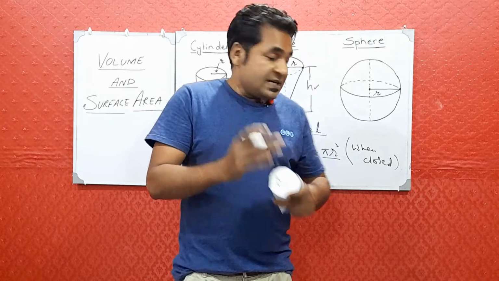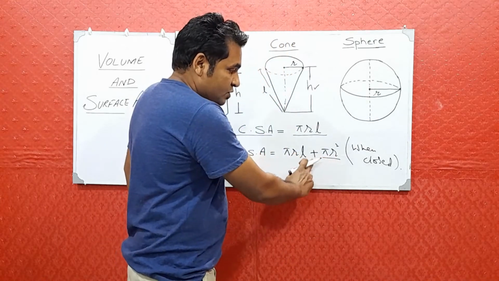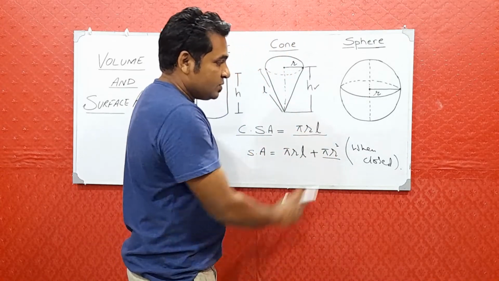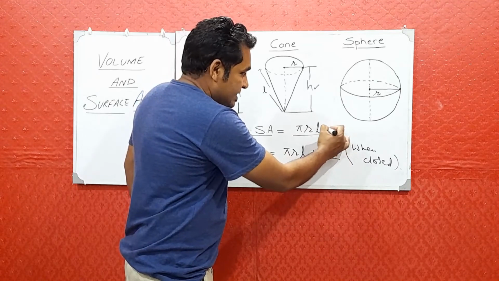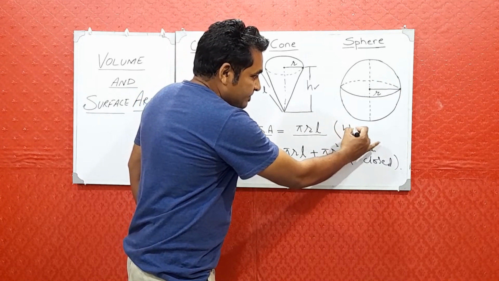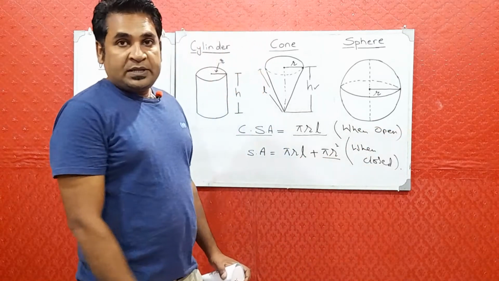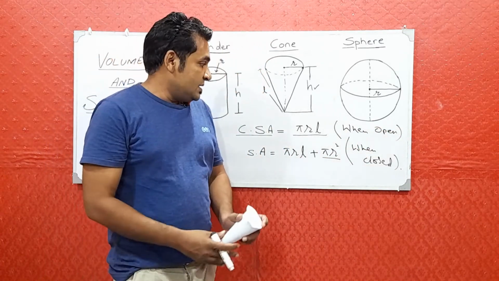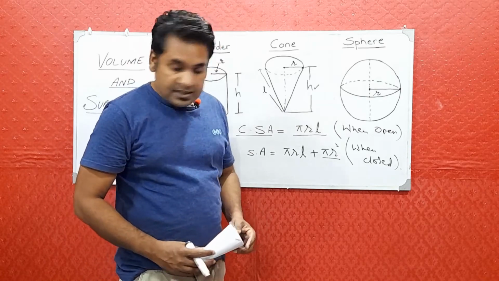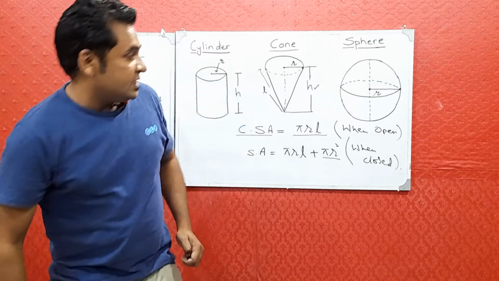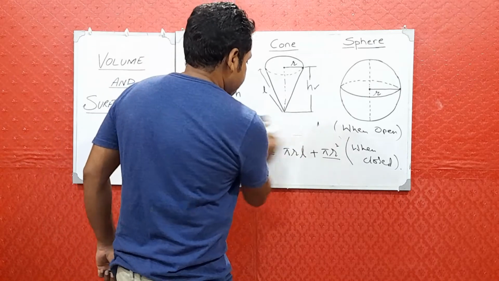That's why we add plus pi r square. So this is for when it is closed, and the curved surface area alone is used when it is open. I think I have made you clear about this. Now let's talk about the surface area of the sphere.